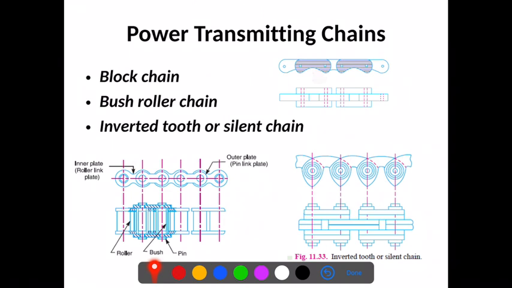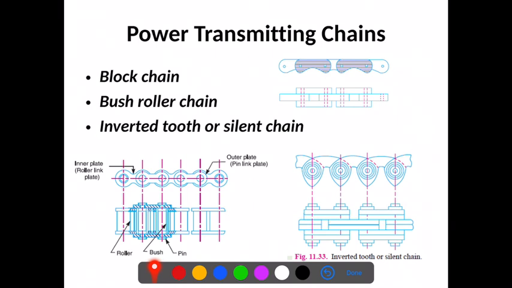These are not very smooth and make a noise while transmitting the power, because whenever the chain approaches and leaves the teeth of the sprocket, there is contact between the sprocket teeth and the chain, and thus the operation is noisy.